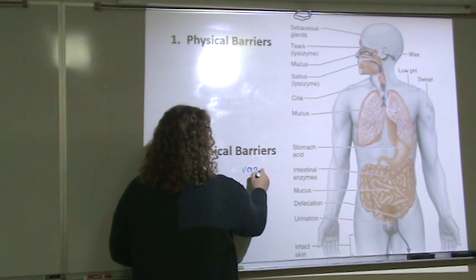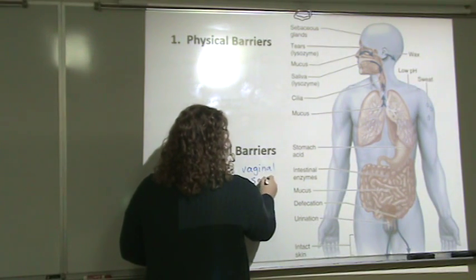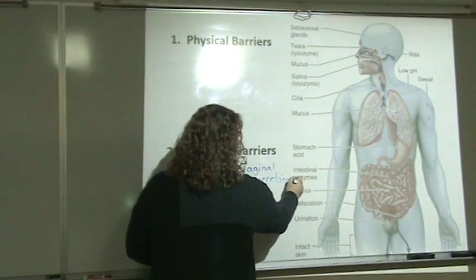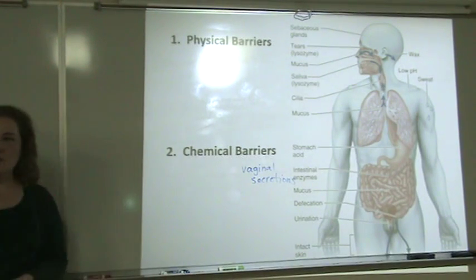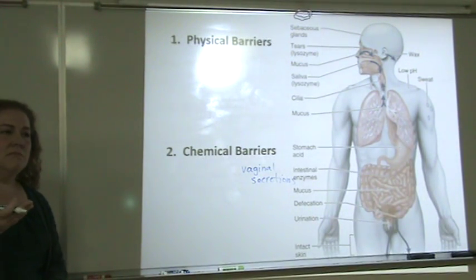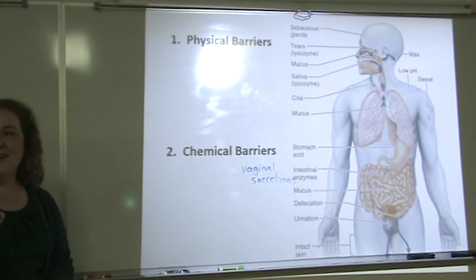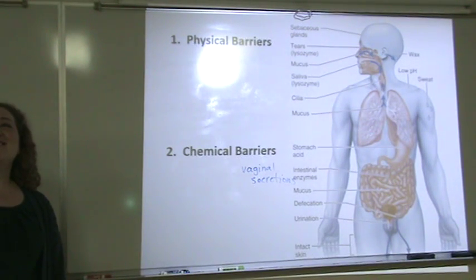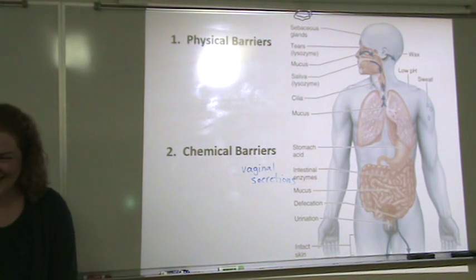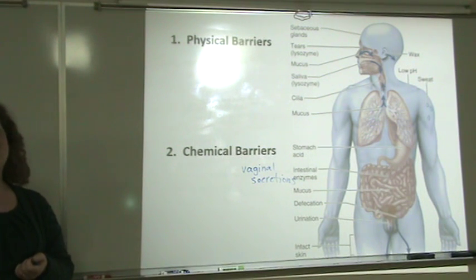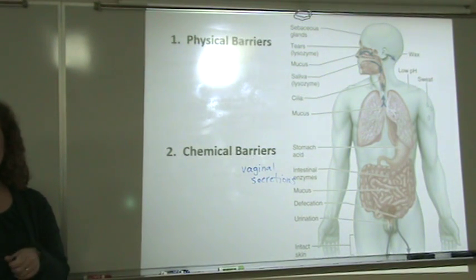We got all the flushing. Oh yeah, one more flushing mechanism. So for women, the normal vaginal secretions, and they are normal, a healthy vagina will have secretions. Is this flushing? It is flushing. Vaginal secretions are also a flushing mechanism.